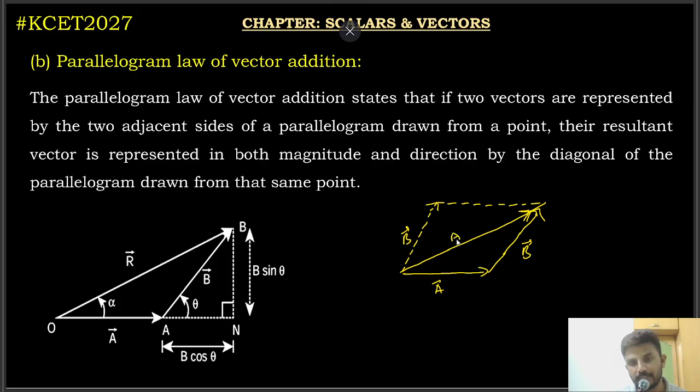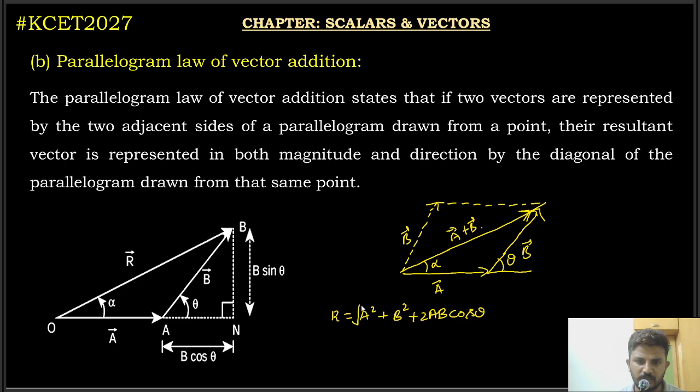If you draw the diagonal, it gives you the sum of A and B, right? Here there will be some angle alpha, but the angle between A and B is given by theta. If you want the derivation, I will do it separately and give it in the description. The resultant A plus B is given by the square root of A square plus B square plus 2AB cos theta.